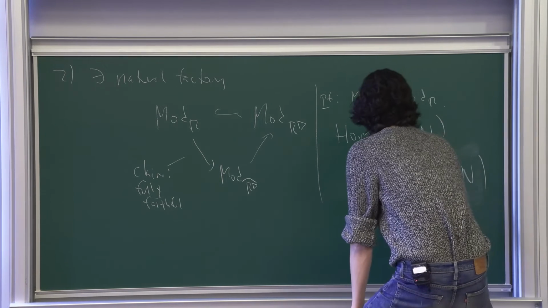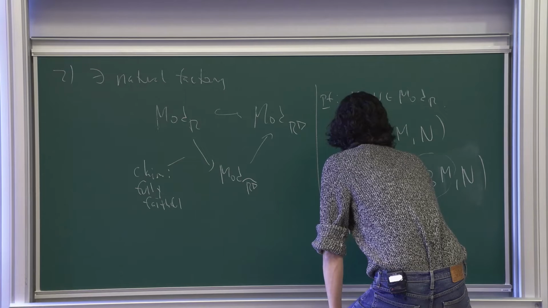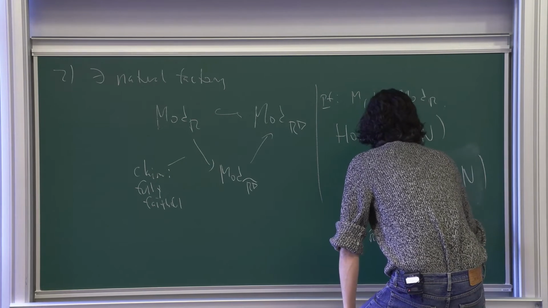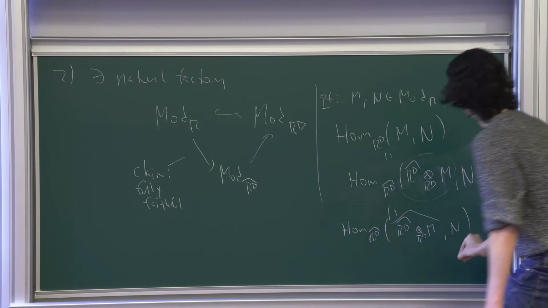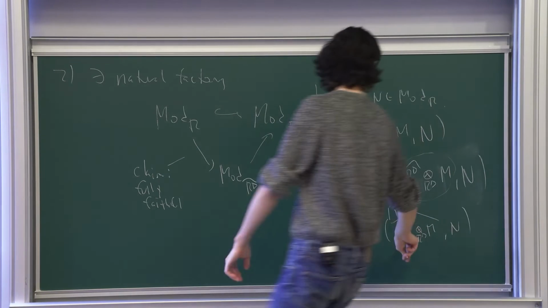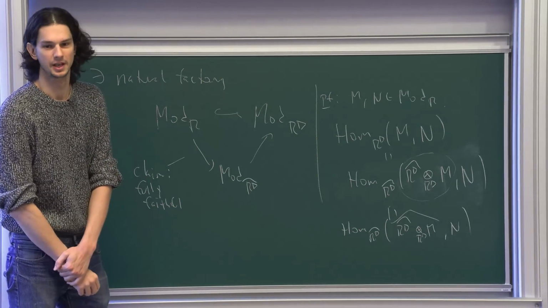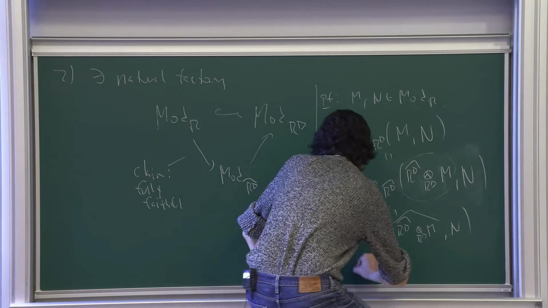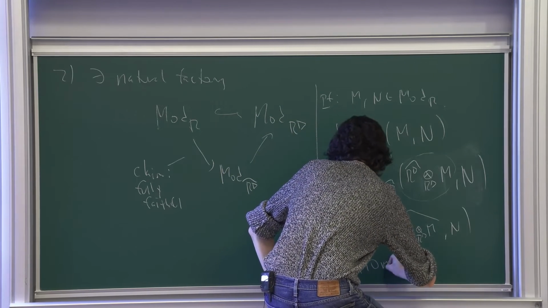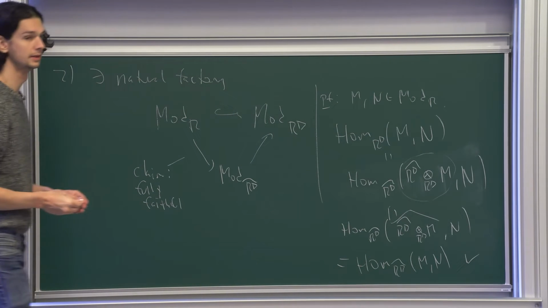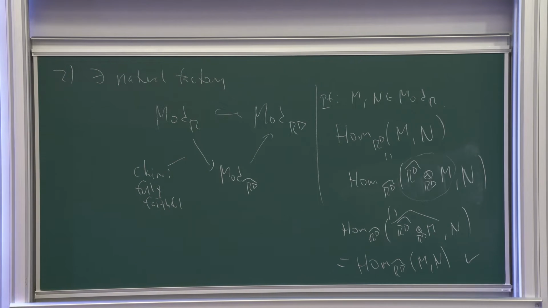So this is the same as Hom R triangle hat from the completion of R triangle hat tensor M to N. And now we can use that the completion functor is symmetric monoidal so that we can move it inside this whole relative tensor product. When you move it in the relative tensor product and use that completion is idempotent, you find that this is indeed just Hom R triangle hat of M to N. Okay?